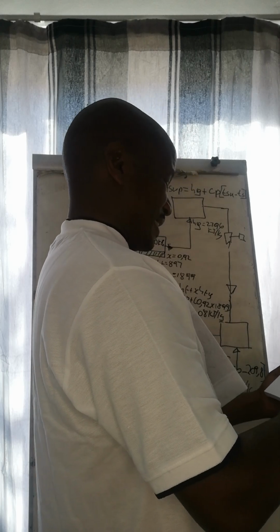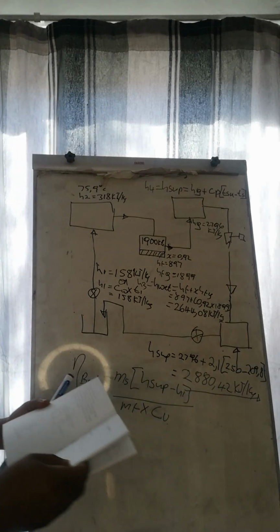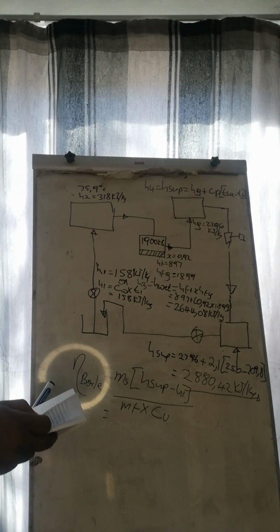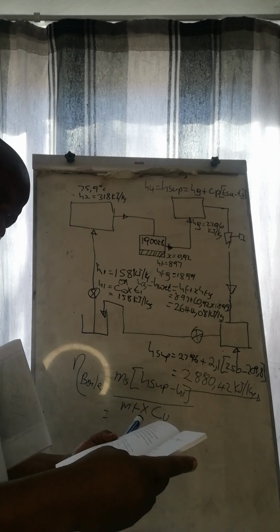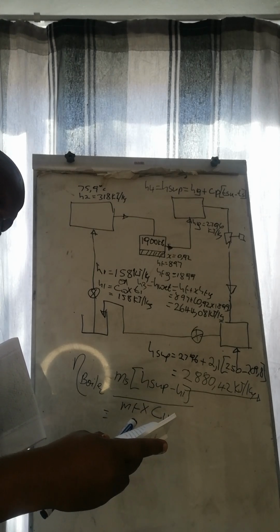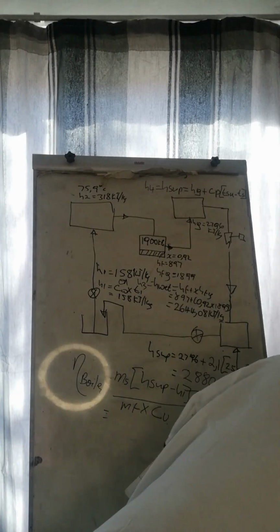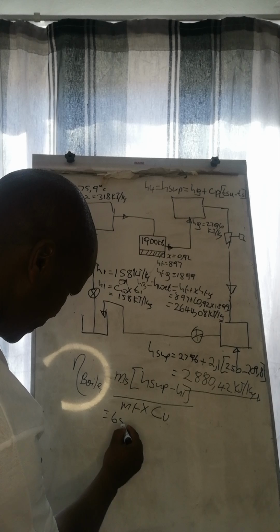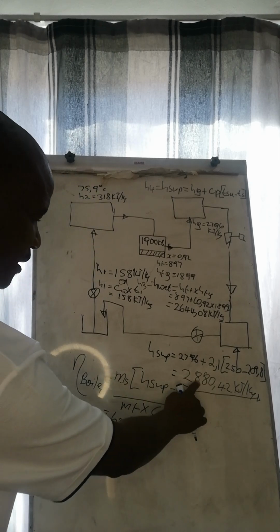You really need classes. The mass of steam. Let's check. The mass of steam is 6,500 per hour, into the enthalpy of superheated steam.